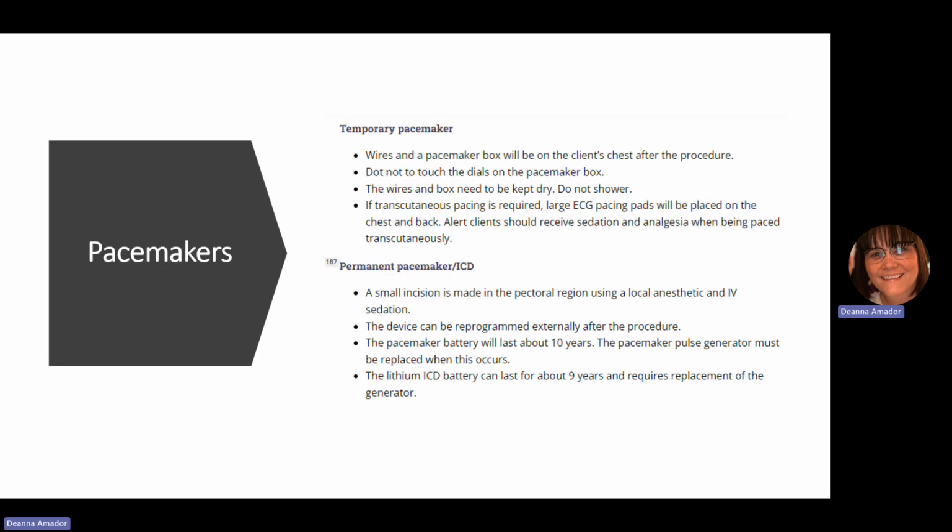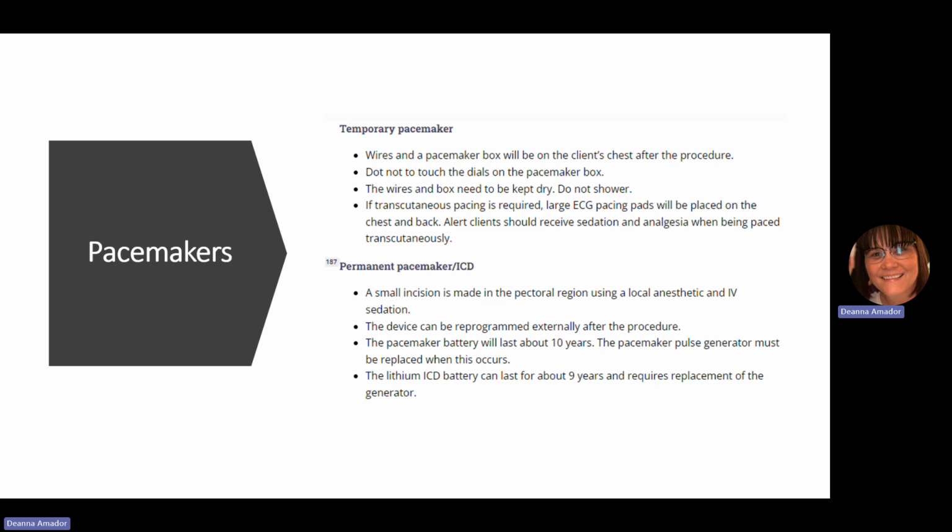I am going to talk a little bit about pacemakers on this PowerPoint. There are just a few things that we need to be aware of with pacemakers. You can have temporary pacemakers. These could be transvenous, which is what this is talking about, where there are wires.